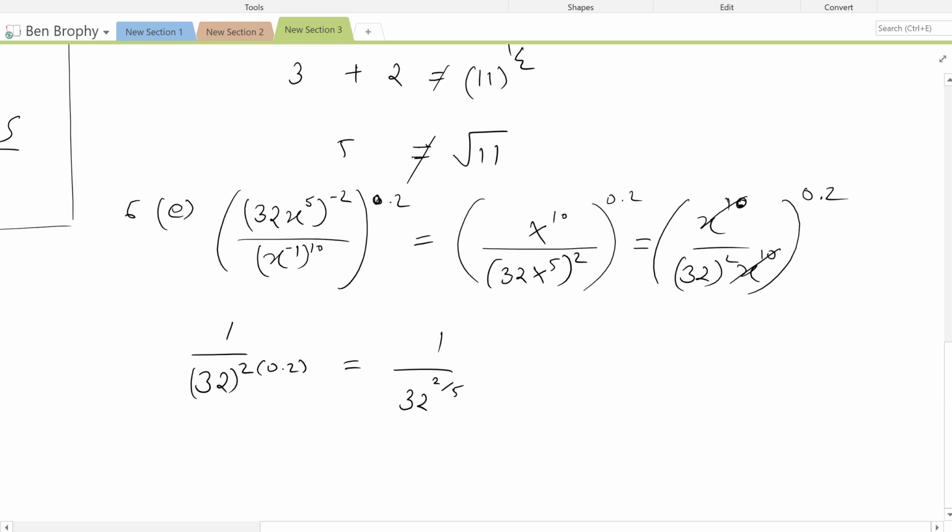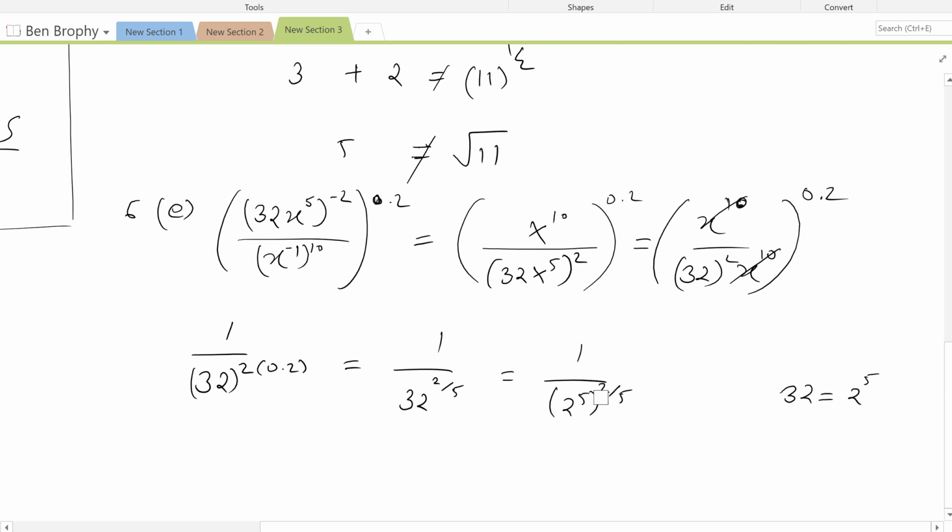And now I have to get rid of this 5, and we know that 32 is 2 powered by 5. So I replace 32 by 2 powered by 5, and 5 powered by 2/5.